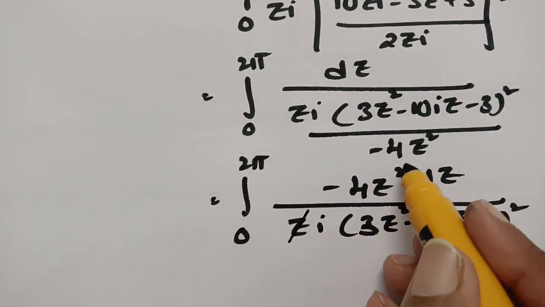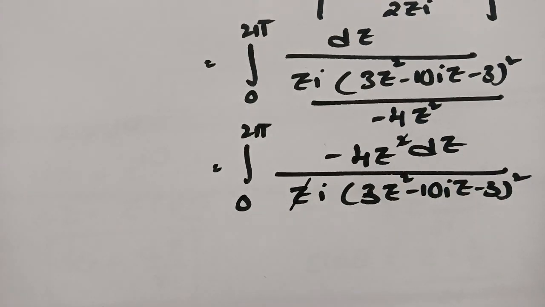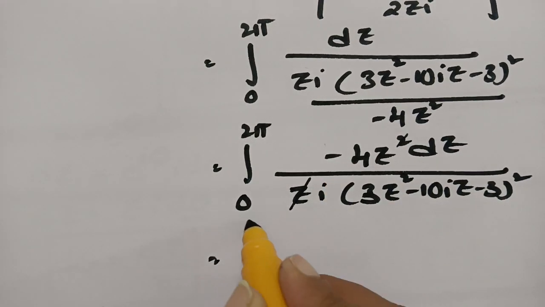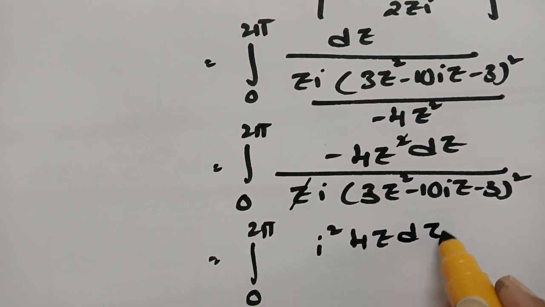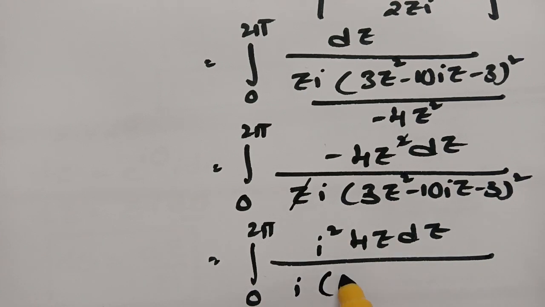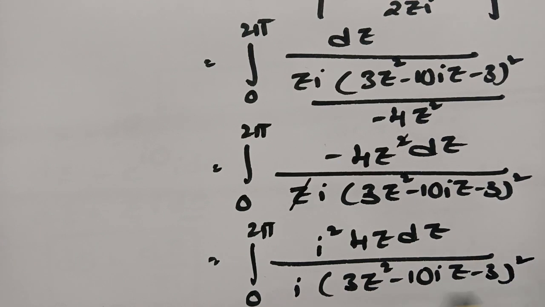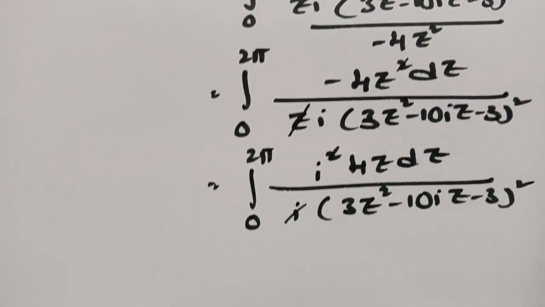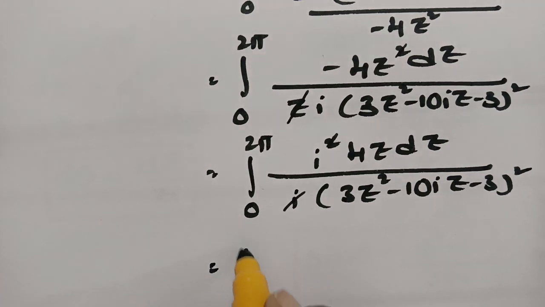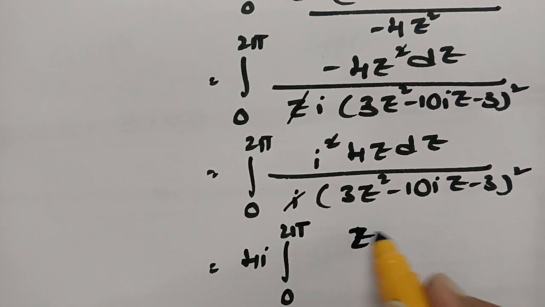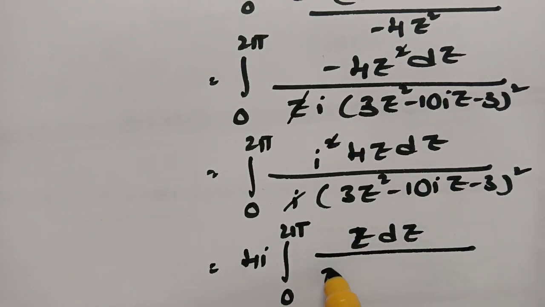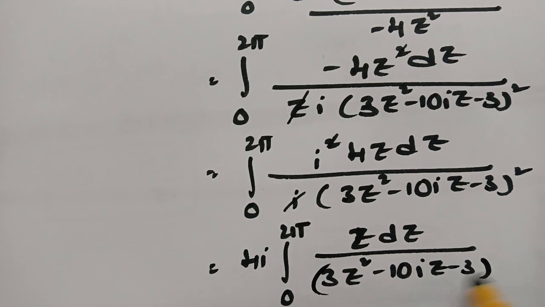Now I can cancel z one time, and in place of minus I am writing i square, so this is 4z into dz by i times (3z square minus 10i into z minus 3) whole square. So I can cancel this i one time. So this will be 4i, which is a constant. This is 4i times the integral of z dz by (3z square minus 10i into z minus 3) whole square.